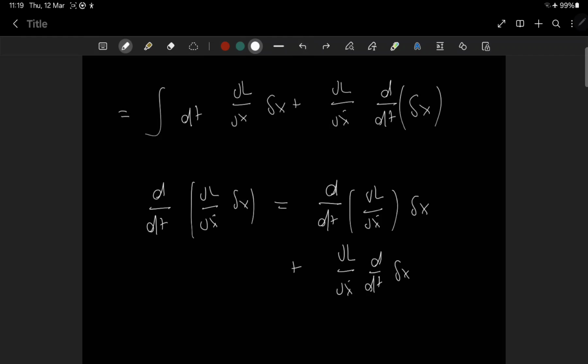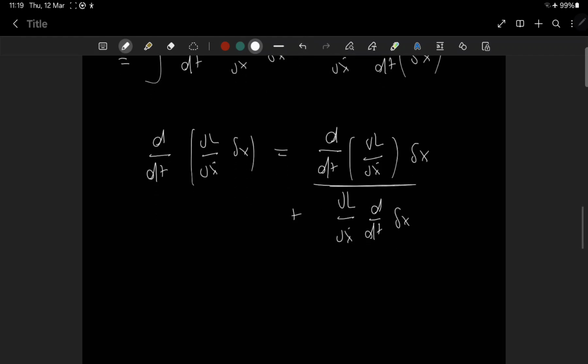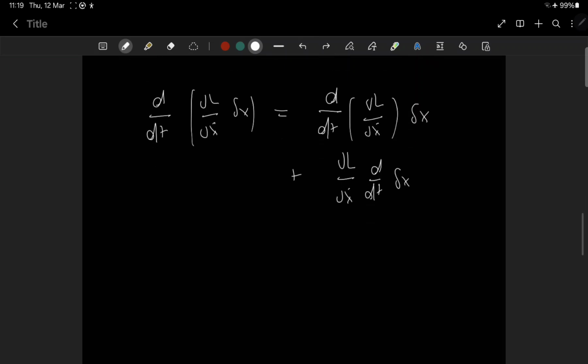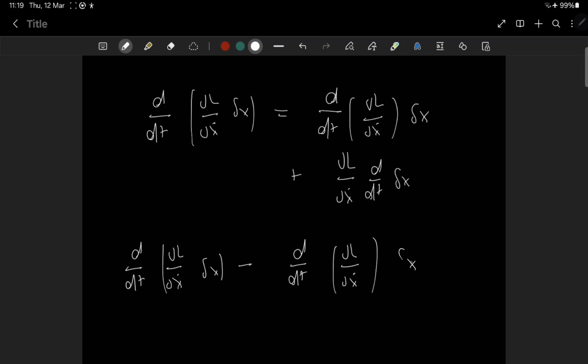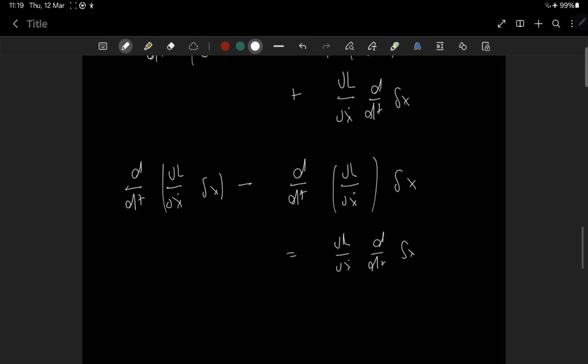We're just going to take this term to the left side, and then we have partial L by partial x dot d by dt of delta x equal to d by dt of partial L by partial x dot delta x minus d by dt of partial L by partial x dot times delta x.